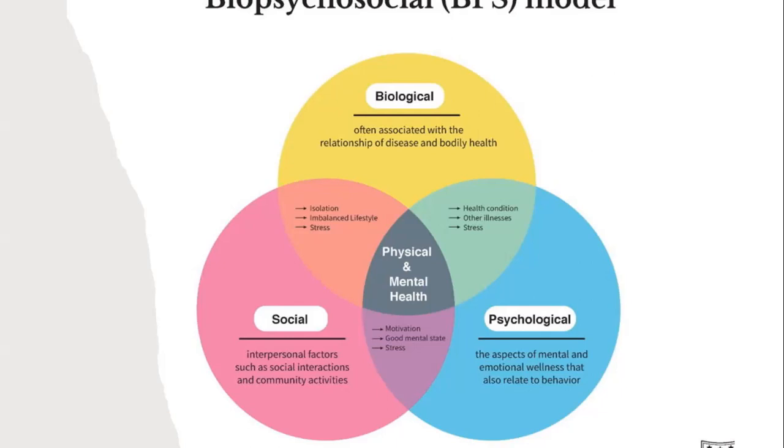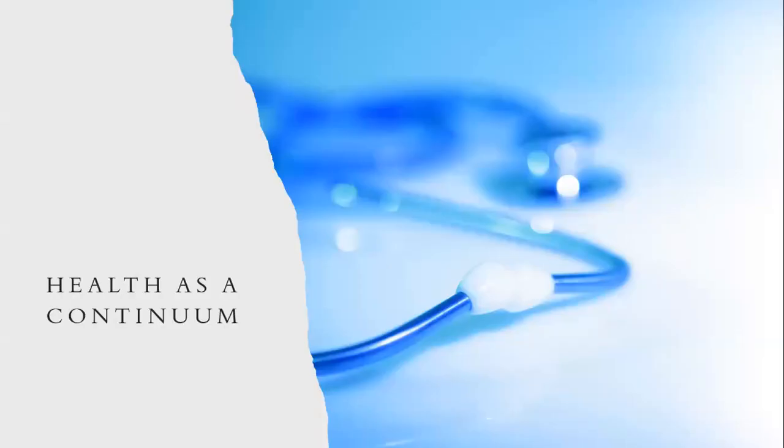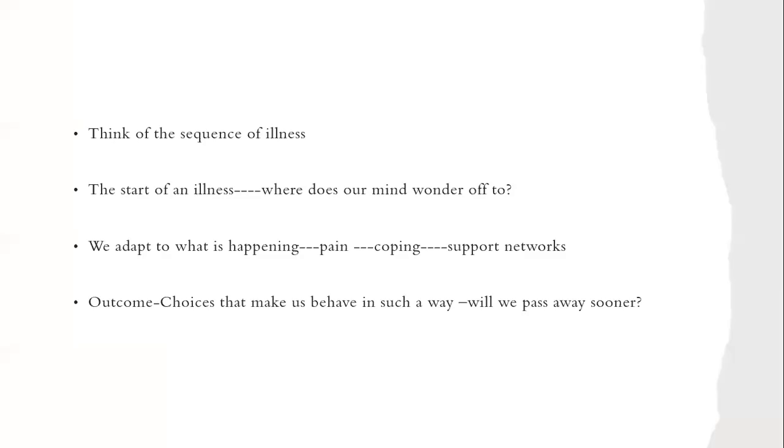Okay, so the next theory, the key theoretical framework, is health as a continuum. So we think of the sequence of illness, the start of an illness. Where does our mind wander off to with that illness, right? Through the understanding of illness, the illness cognitions, as we would say, right?